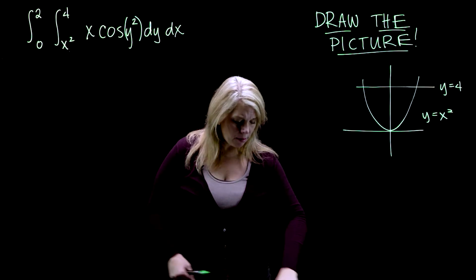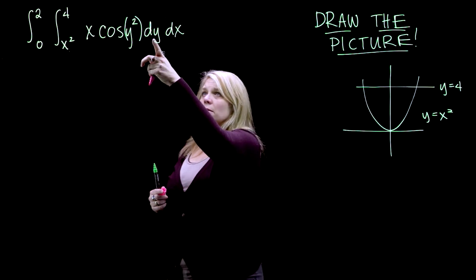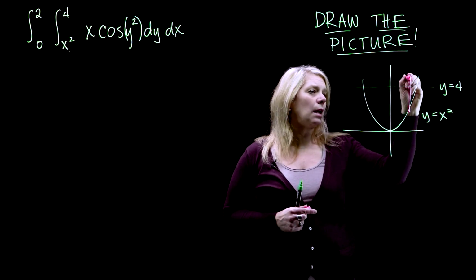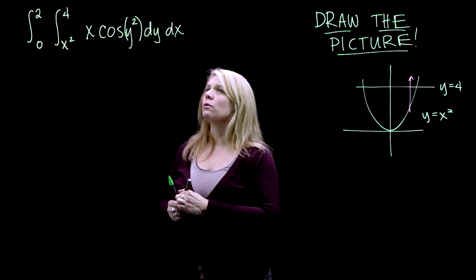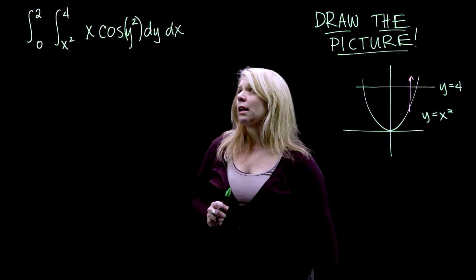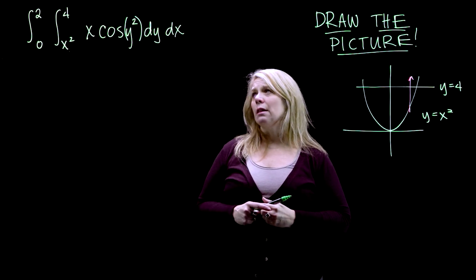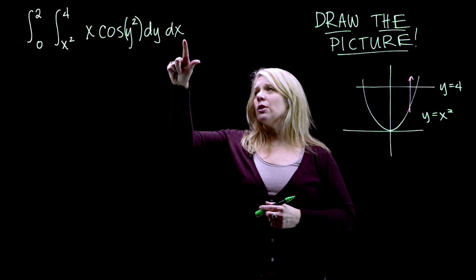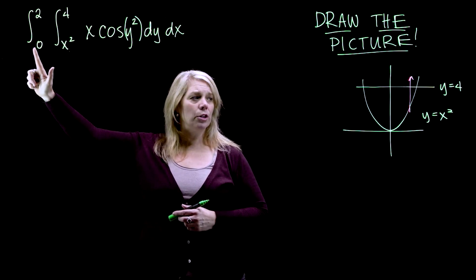So when I go through the region in the direction of increasing y, since dy is on the inner integral, we're entering the region at y equals x squared and leaving at y equals 4. And after that integral has been set up with dy on the inner integral, if I collapse it in the y direction, I get a shadow of a region that goes from x equals 0 to 2.